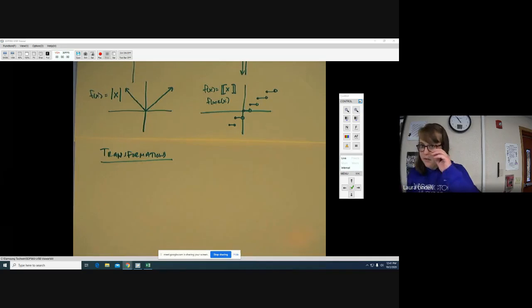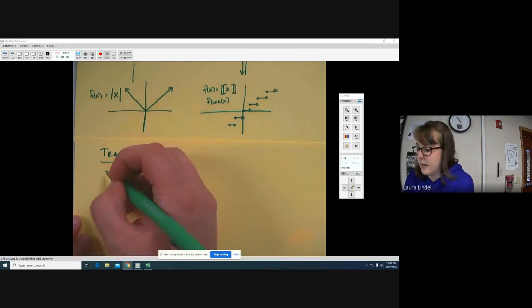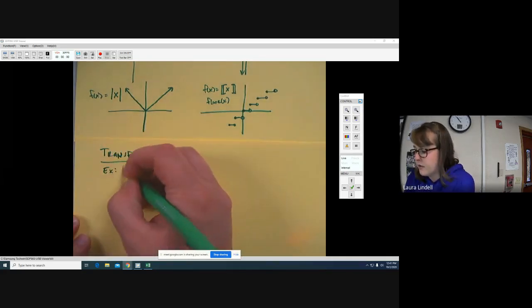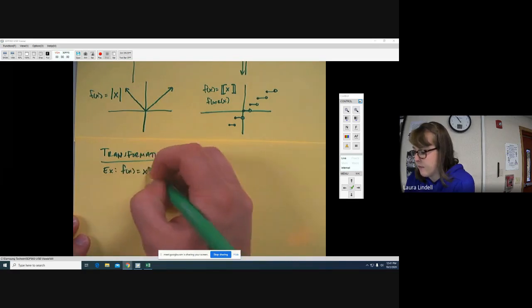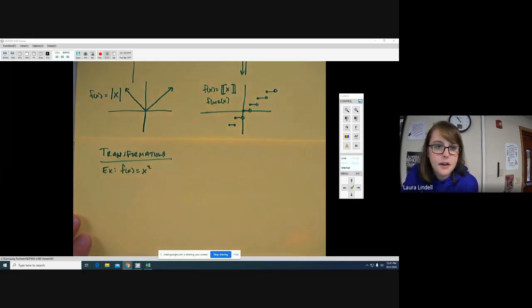All right, so for our example function, we're going to use f of x equals x squared, because that's a good generic one where it's still easy to see the effect of all of these different transformations.